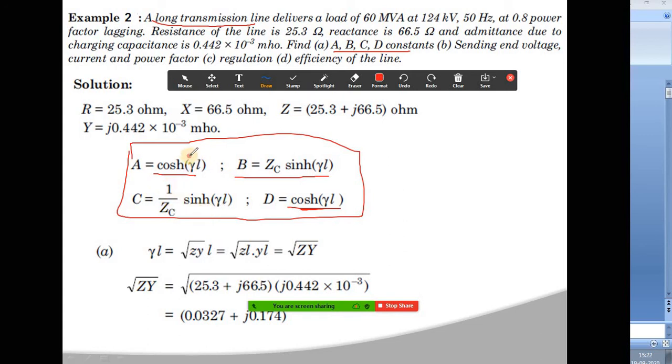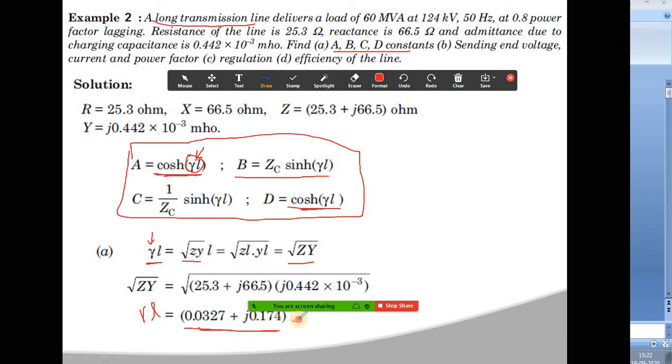Here again you cannot directly calculate the value of cosh gamma L by using your calculator. Why? Because this gamma L is a complex number. Gamma here is the propagation constant, which is equal to the square root of small z into small y, into L. So this can be written as the square root of capital Z into capital Y. If you calculate the gamma L value, what you get is a complex number, which is equal to 0.0327 plus j 0.174.